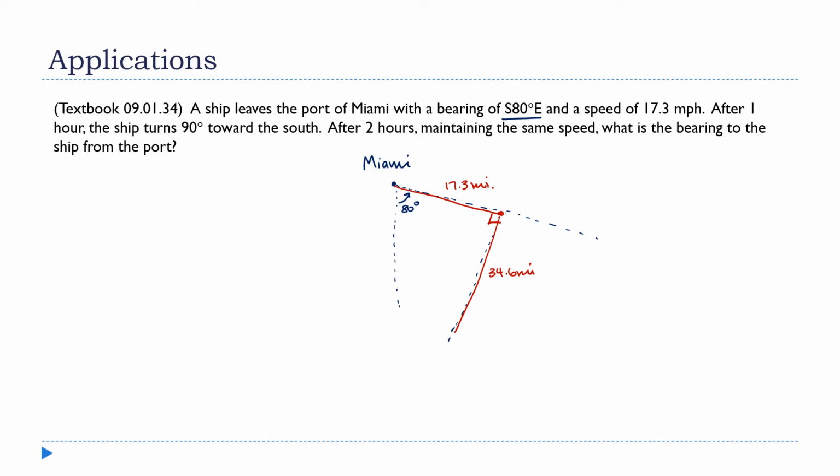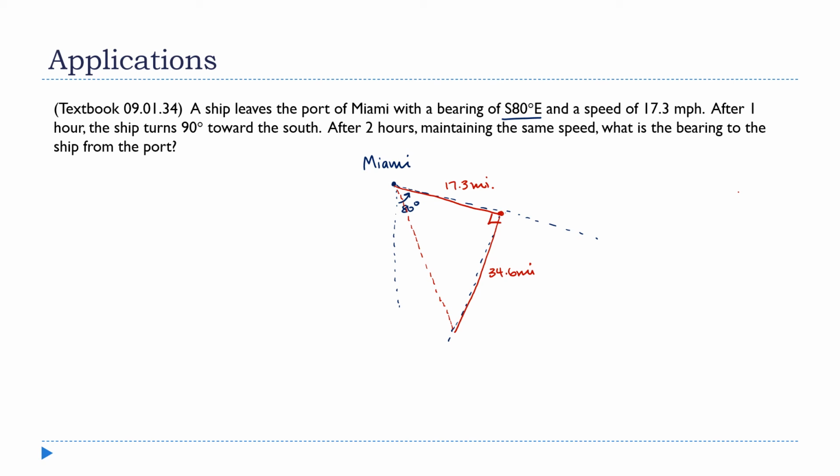What I want to know is, what is his new bearing relative to the port? Let me finish my triangle here. There we go. Now, what do I need to know?